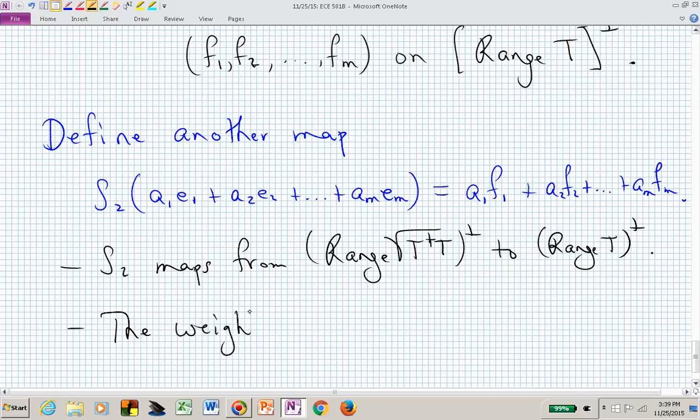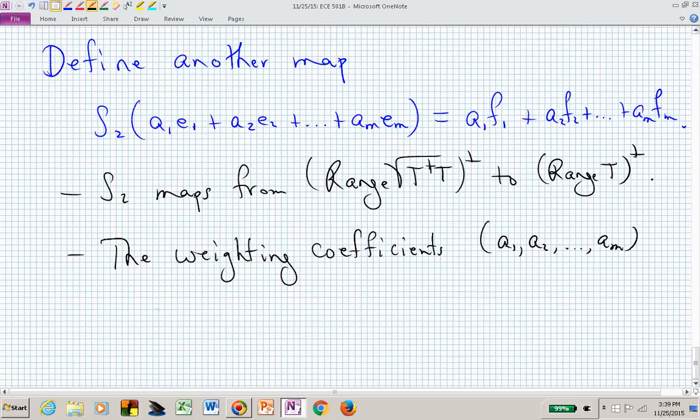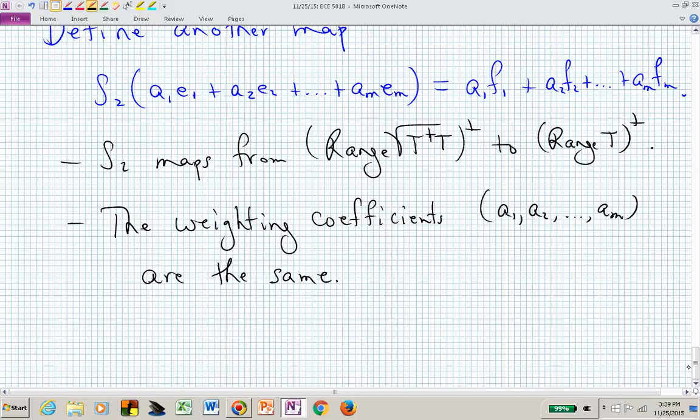The weighting coefficients, which are the A1, A2, A sub m, are the same. So now we have basically rotated from one vector into another vector by means of this newly created map, S sub 2.